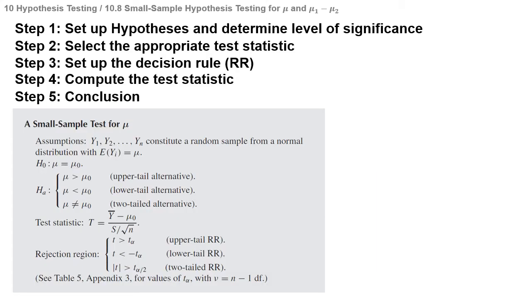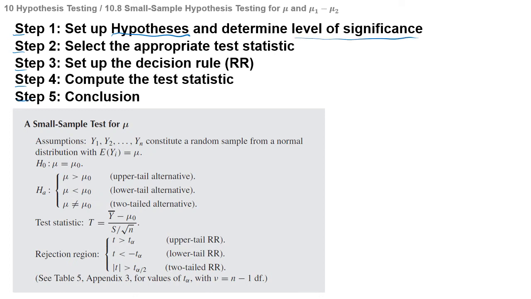If you are doing hypothesis testing and you are not very familiar, remember these steps and do them one by one. Then it's easier. In step 1, you first need to set up your hypothesis and determine the level of significance.